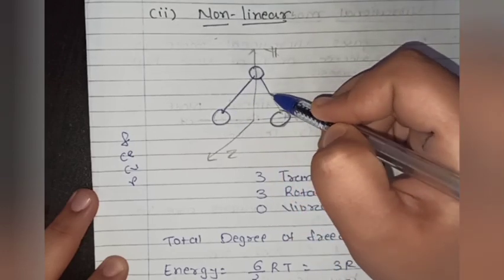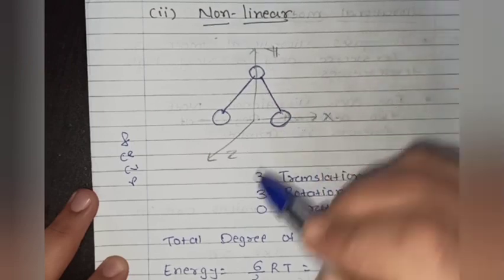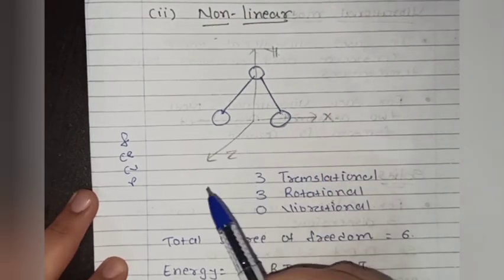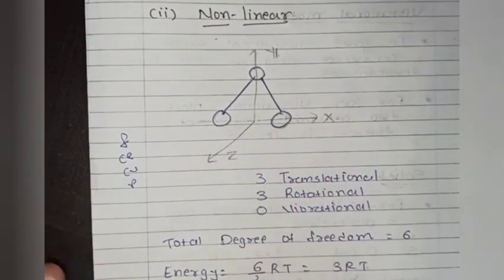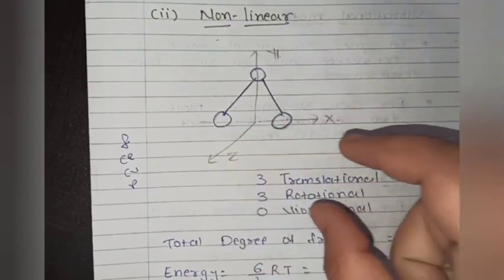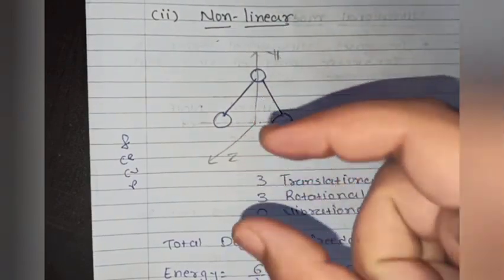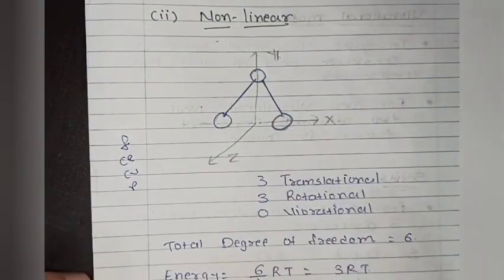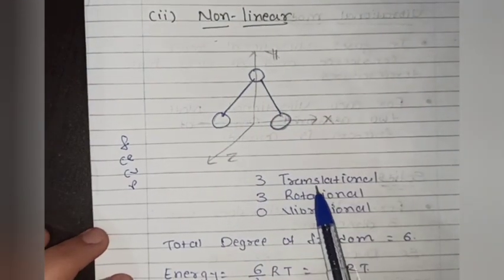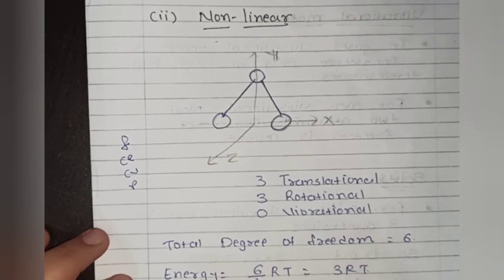We can say it is H2O, a non-linear triatomic gas. Again, it is free to move along x-axis, along y-axis and along z-axis. So we can consider 3 translational motions.